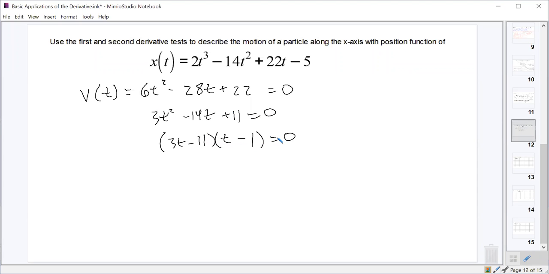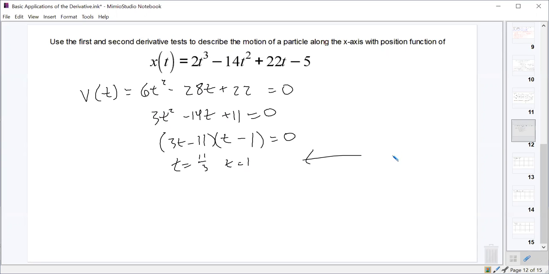There's a 22, and that's not divisible by 3, right? But I divided everything by 2, not 3. Yeah, I forgot. All right, so that gives us t equals 11 thirds and t equals 1.